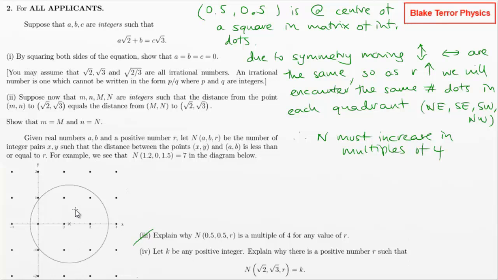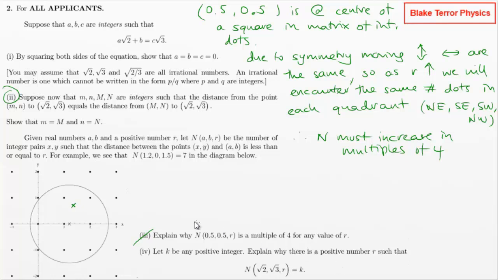So if we've started at root 2 root 3, which is somewhere around about here, then we've said somewhere else, yeah, so this is coming back to part 2. So in part 2, we showed that there is only one point for a particular distance, k, there is only one point which is at that distance away from root 2 root 3. This is what we showed in 2.